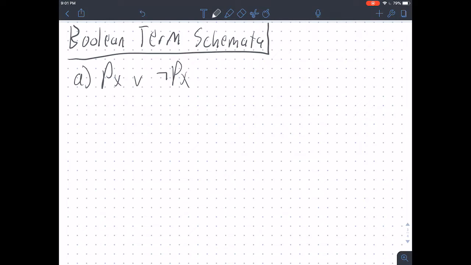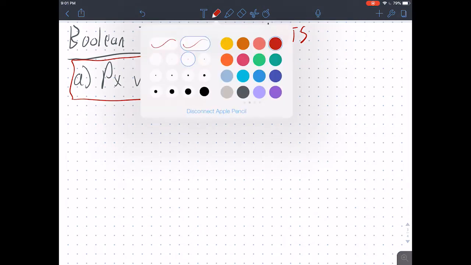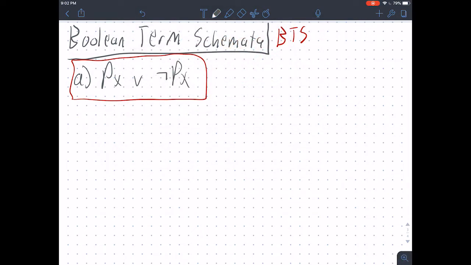Boolean term schemata. So I don't have to write that out every time, I'm going to abbreviate this as BTS. If you look here, this is a Boolean term schema. Let's break it down to see what's going on.